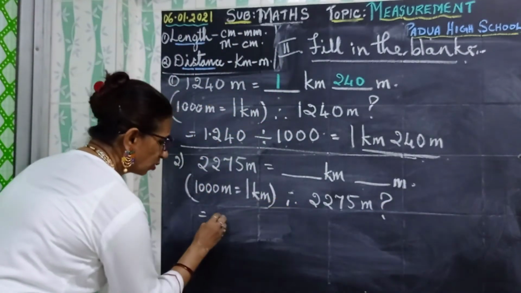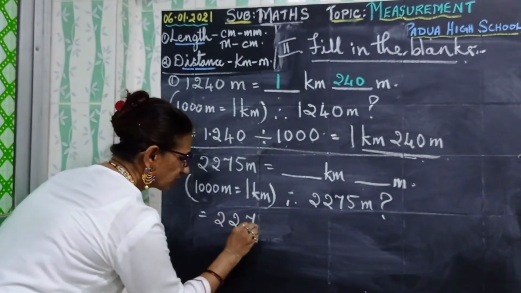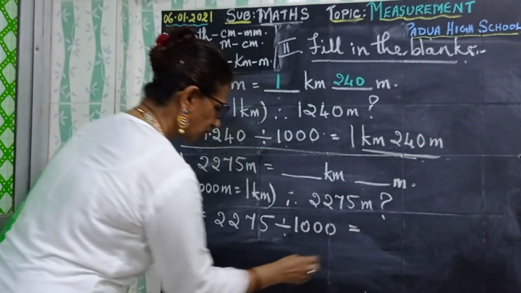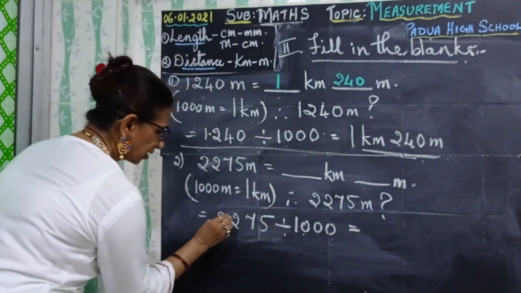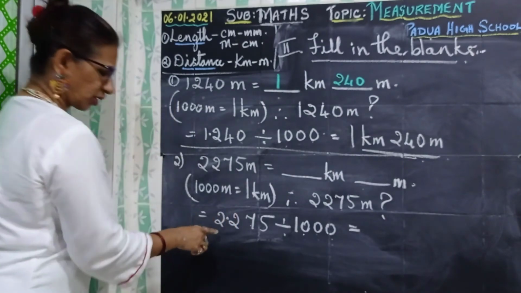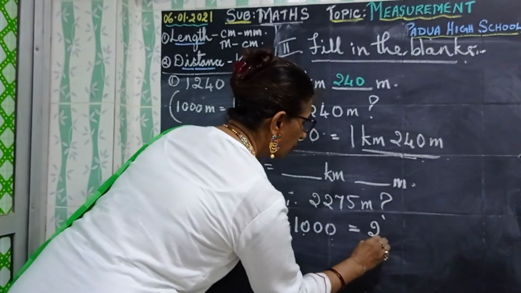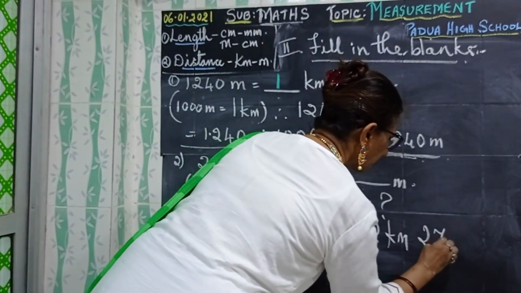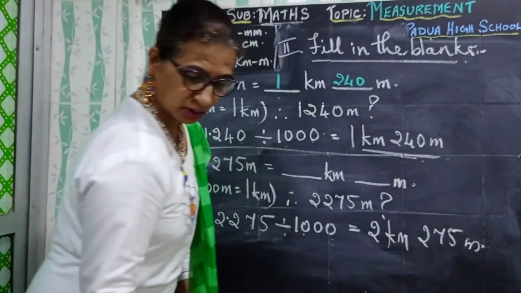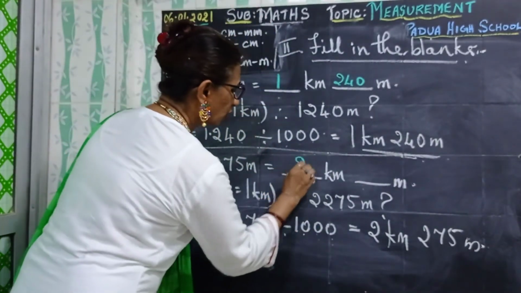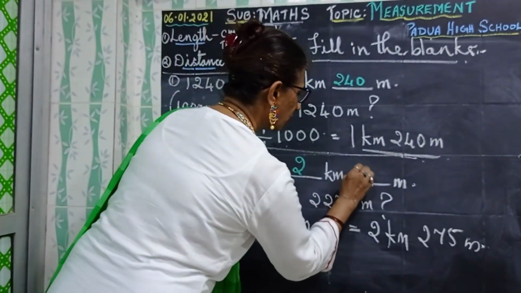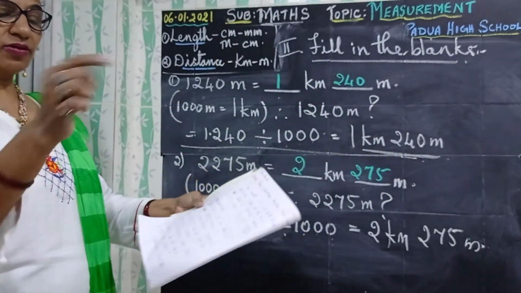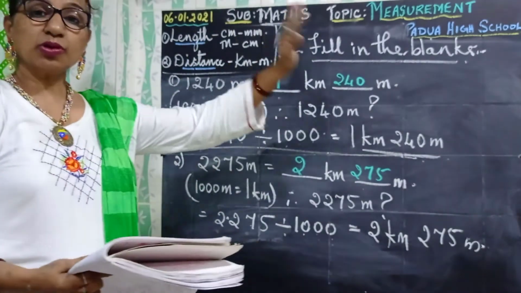Is equal to 2,275 divide by 1,000. That's equal to, so 1 2 3 1 2 3 यहाँ हमारा डॉट. तो it will be 2 kilometers and 275 meters. ओके, तो जब हम यहाँ लिखेंगे 2 kilometers and 275 meters. So that is how we convert from meters to kilometers.